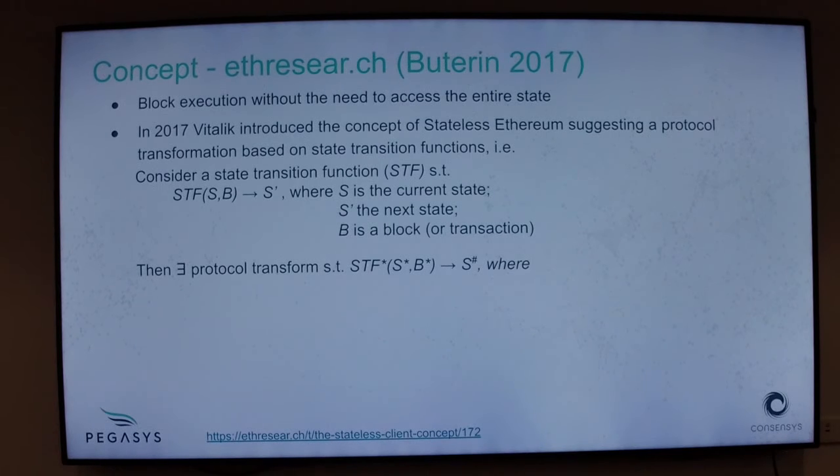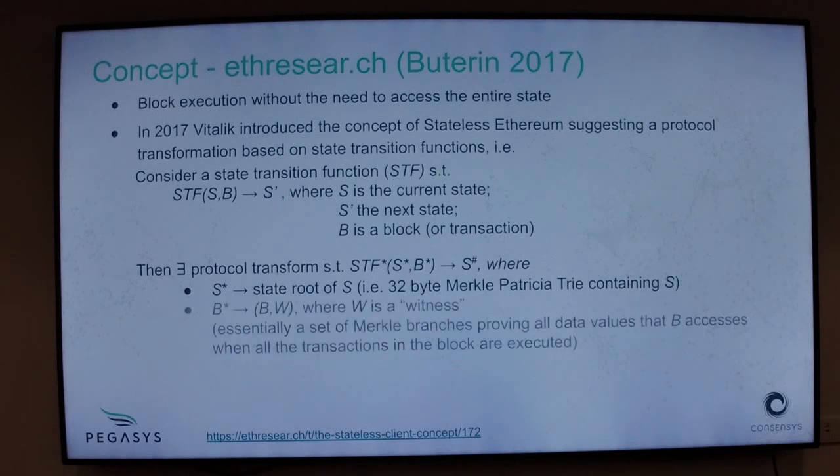If we cast it in that context, then Vitalik was saying there should be a transformation that we can apply to this protocol, so that we have a transformed protocol where we put in a state root. So not the whole state, we put in a state root, the 32-byte Merkle-Patricia tree root containing the state.